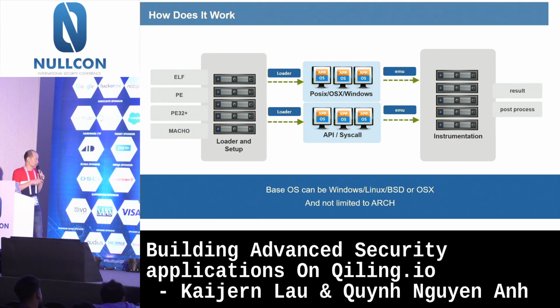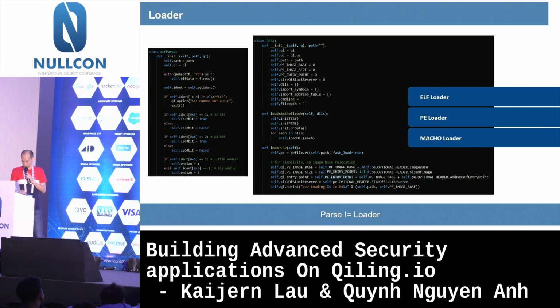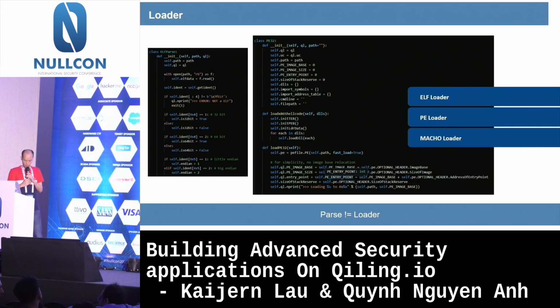After that, we emulate the binary, and as the output, we can summarize the behaviors of the input program. So that is the idea, but it's not easy to implement. There are many things that we need to go through in our adventure to reach our target.